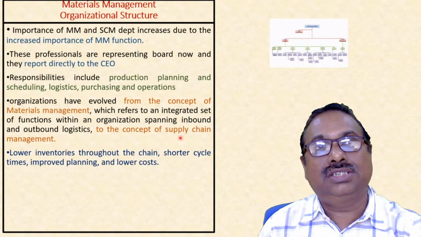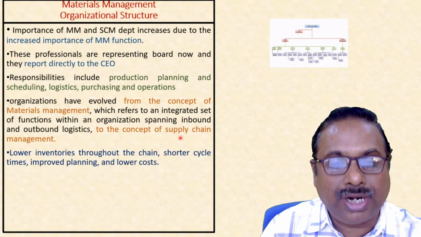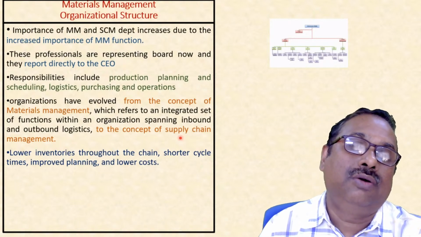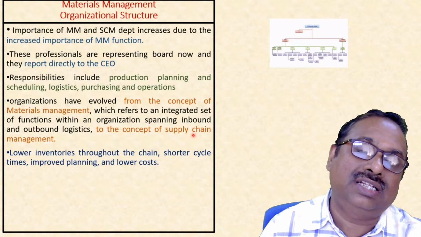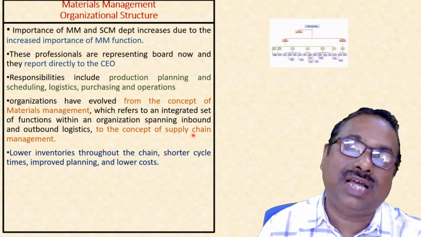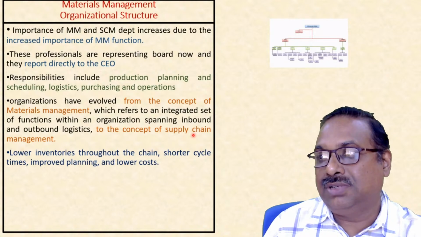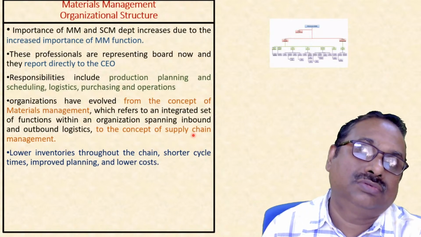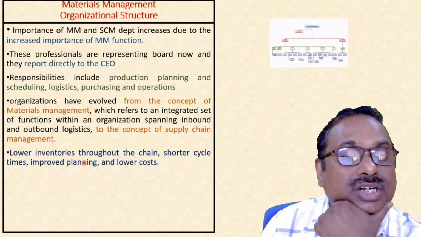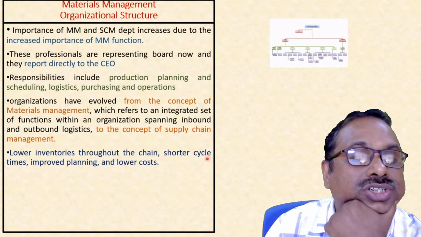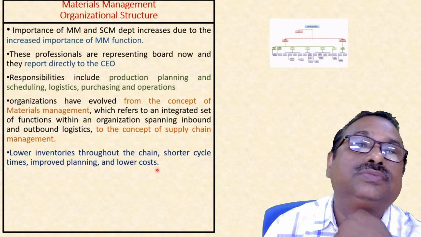Materials management was confined to the purchase department, production department and distribution department. But in supply chain management, you include the external parties, that is suppliers and customers. So we can say that materials management is a subset of supply chain management. So lower inventories throughout the chain, shorter cycle times, improved planning and lower cost.